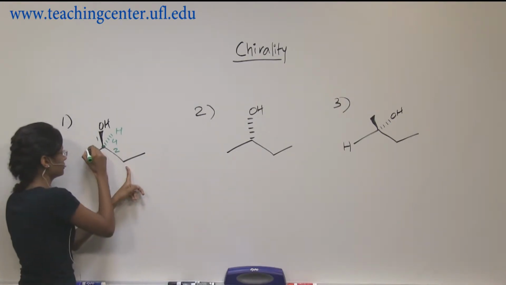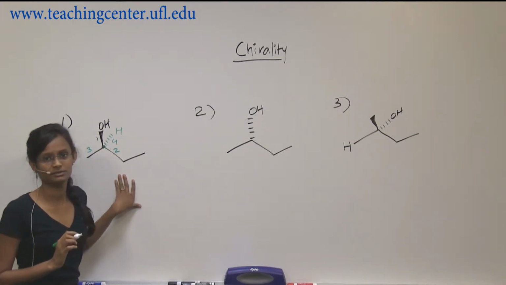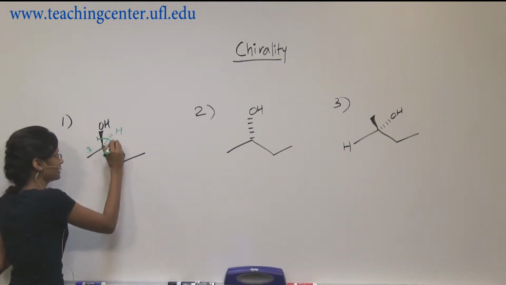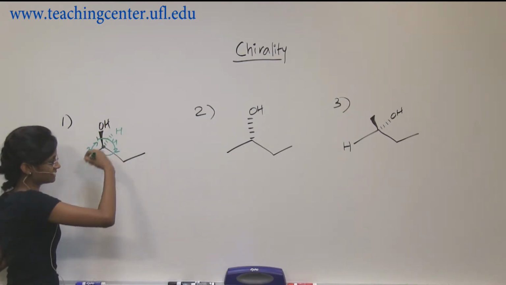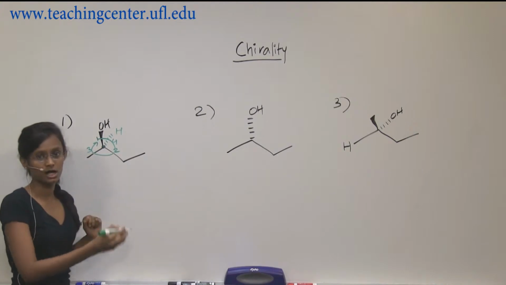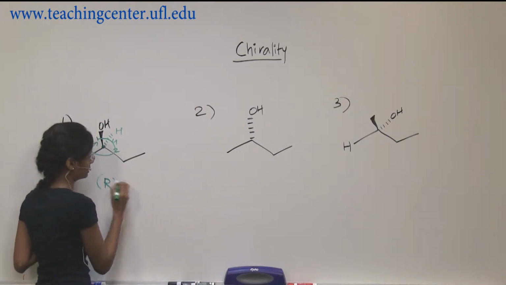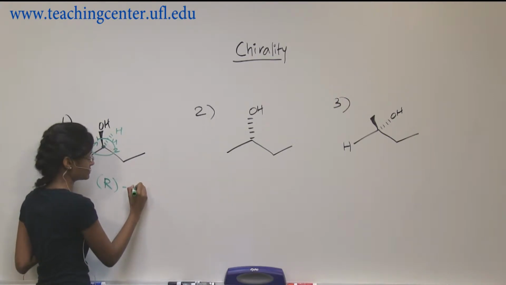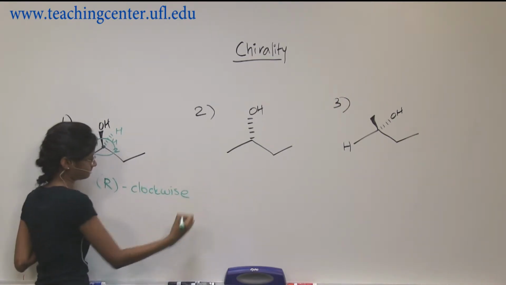So this is going to win, so that's 2 and that's 3. After you're done assigning the priority, connect 1, 2, and 3. This is telling us that it's going clockwise. So this is our chiral structure, and it is R because it's clockwise.